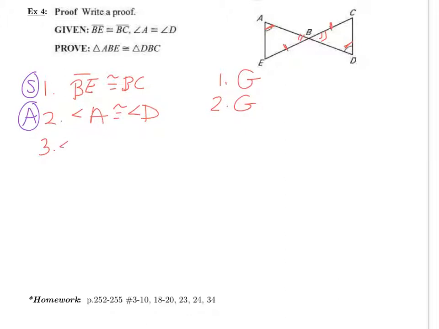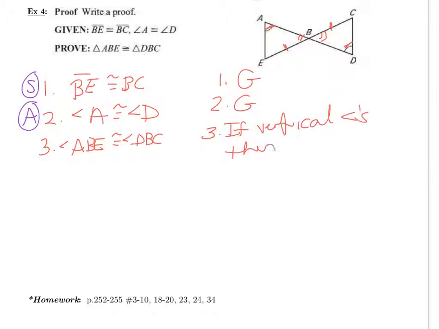So I would say angle ABE is congruent to angle DBC, because if vertical angles, then congruent angles. And that is another angle.